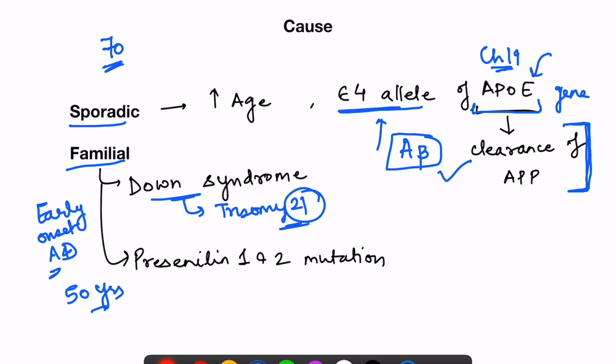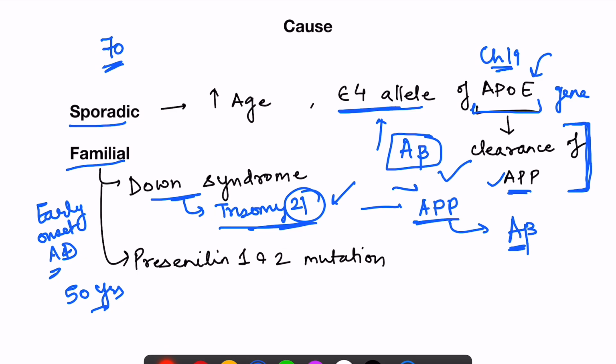And in fact, the gene for this amyloid precursor protein is also present on chromosome 21. So because this is trisomy, that means three copies of chromosome 21 are present, maybe there is increased production of this APP protein and hence there is increased production of A beta protein. We are not aware what is the exact pathophysiology.